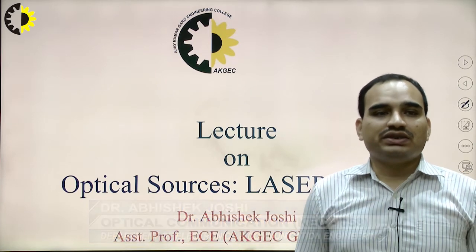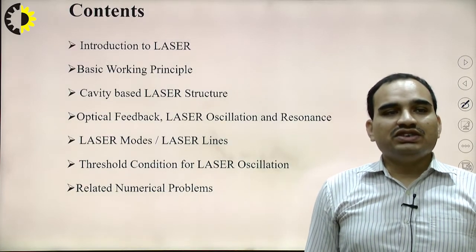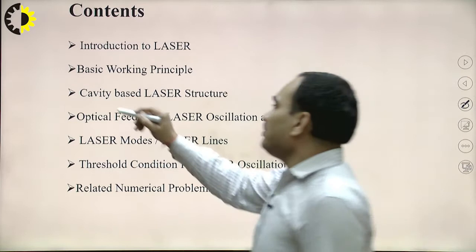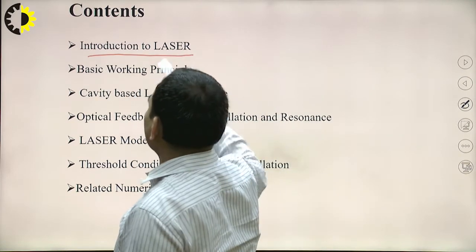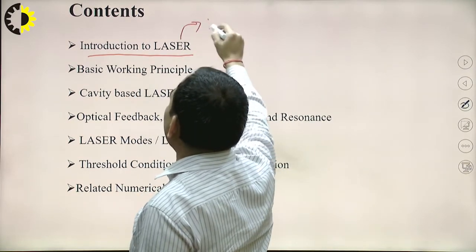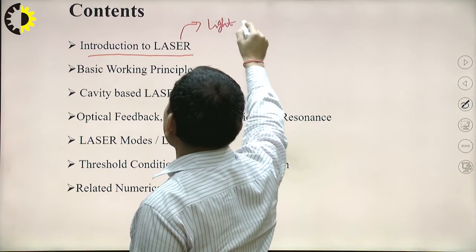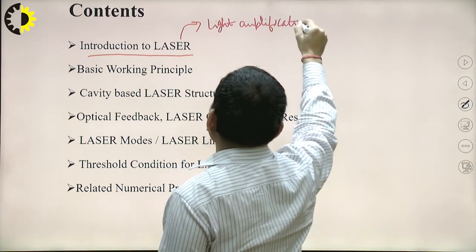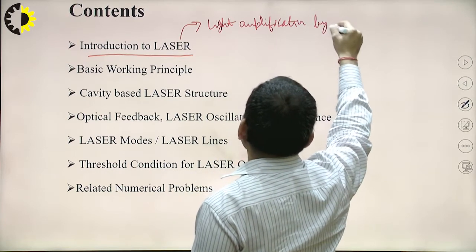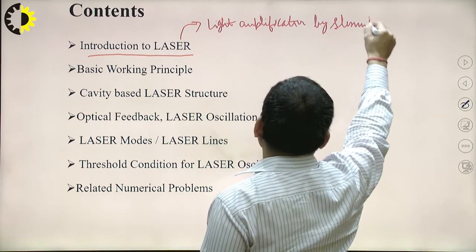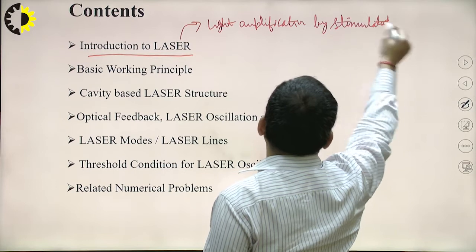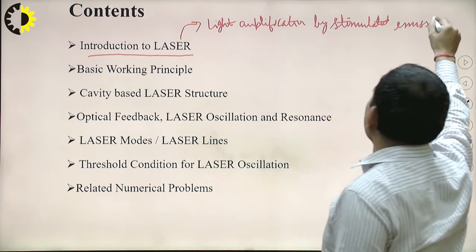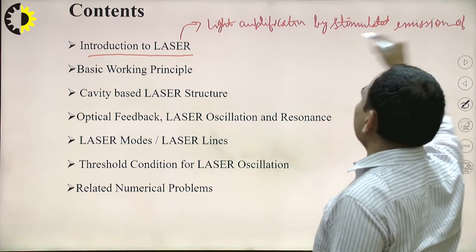Now let's start. In this lecture I am going to cover the introduction to the laser. Laser stands for light amplification by stimulated emission of radiation.